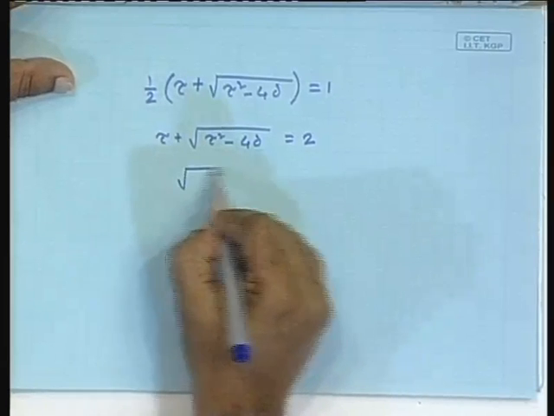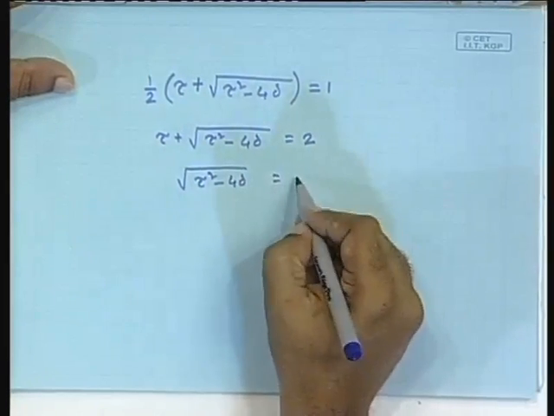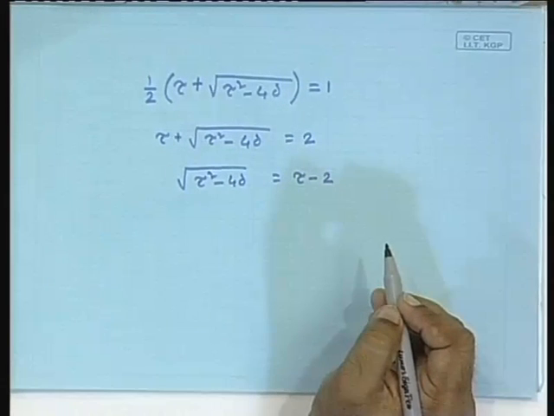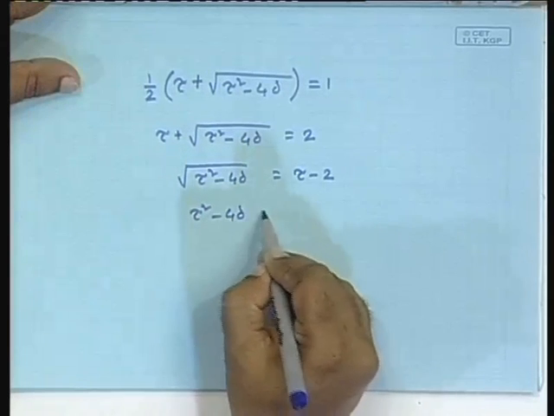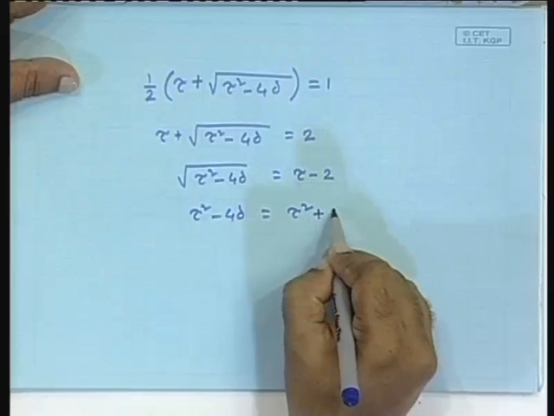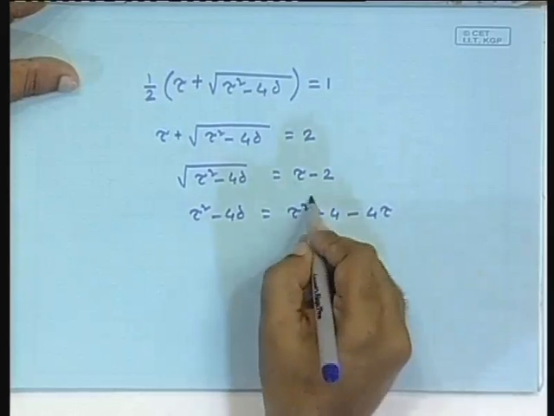So, root over tau square minus 4 delta is equal to tau minus 2. So, tau square minus 4 delta is equal to, right.